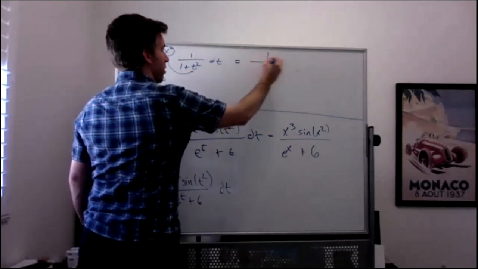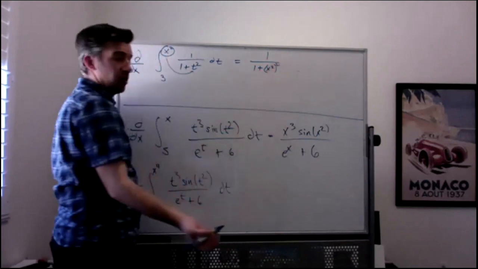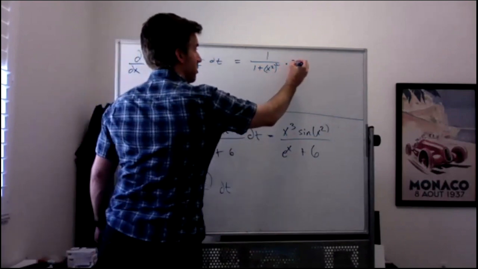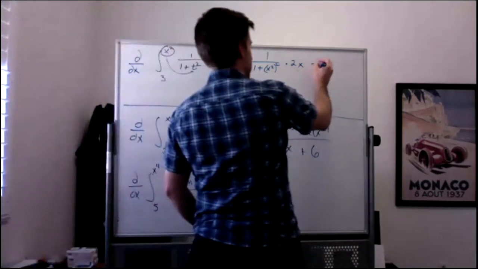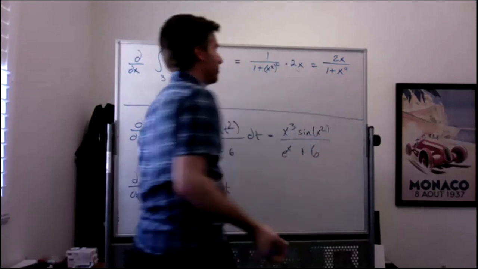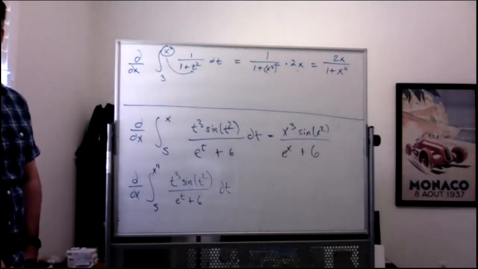So I'm going to get 1 over 1 plus x squared squared. But then I have to multiply by the derivative of x squared, which is 2x. And then, yes, you could totally simplify this one as 2x over 1 plus x to the 4th. That's it, though.